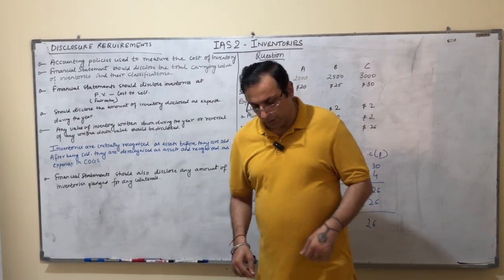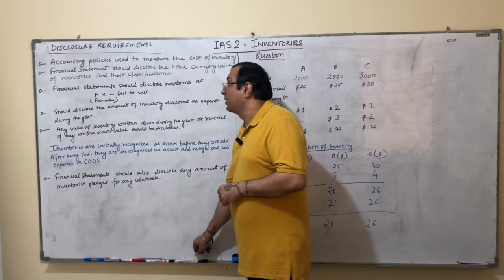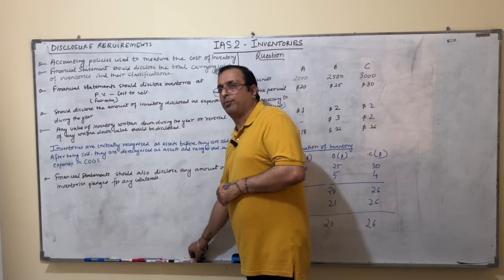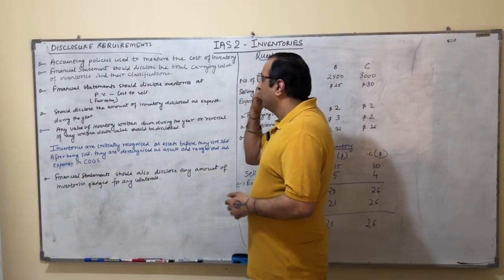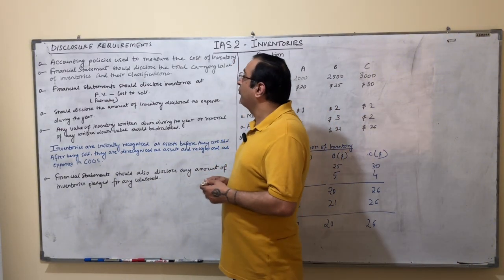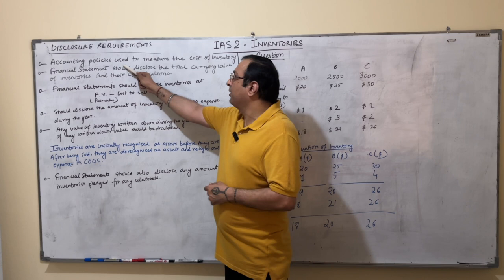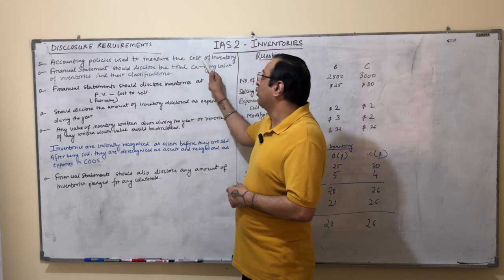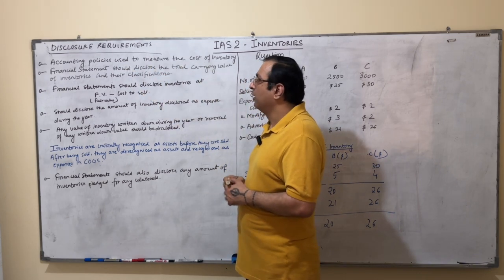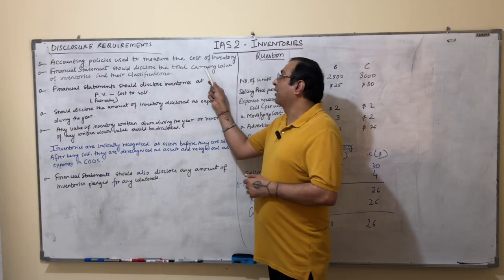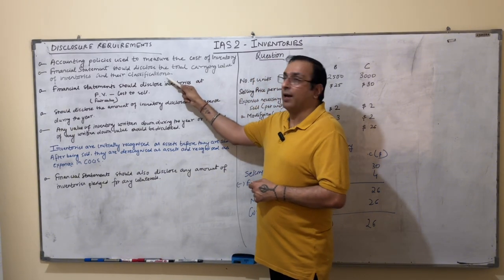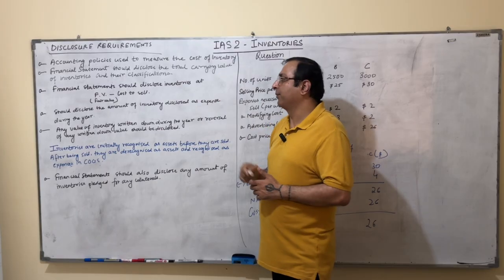So, guys, we have some disclosure requirements for this IAS 2. Let us go through those. Pure theory, so I have written it already before so that we can save time. IAS 2 says that we have to disclose the accounting policies which are used to measure the cost of inventories. Number two, the financial statements should disclose the total carrying value of inventories and their classification.